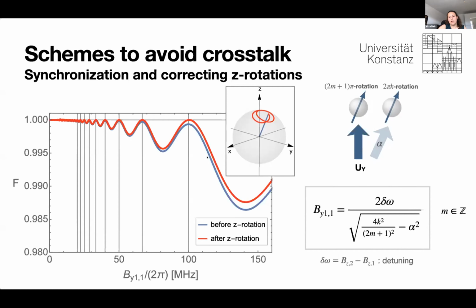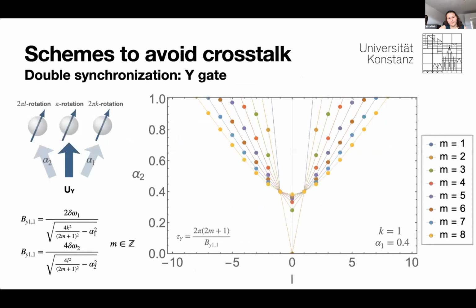And indeed, if we now look at the synchronization conditions, which are given by these vertical lines, we see that the fidelity gets maximal. And if we now further apply Z rotations afterwards, we can even take this fidelity to 1. That means we have no crosstalk at these points. This is all done within the rotating wave approximation.